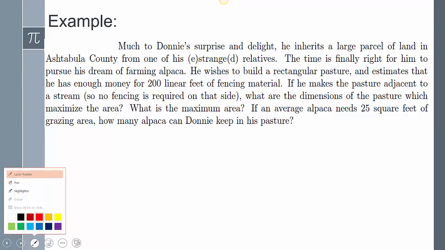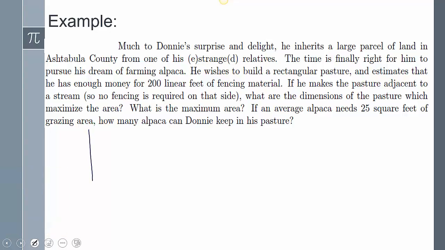So let's draw this out. Let's say this is the river, and that's his square footage. We can say that here's my width and here's my length. It says that we have 200 linear feet of fencing, so that sounds like perimeter.